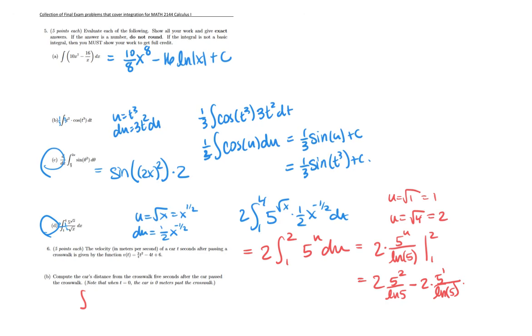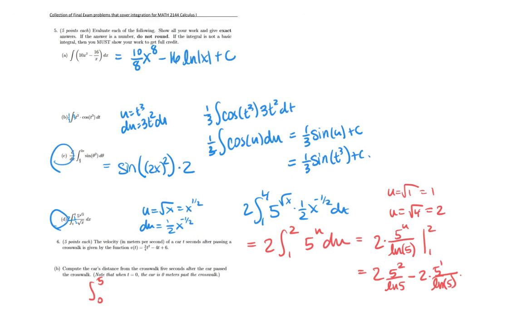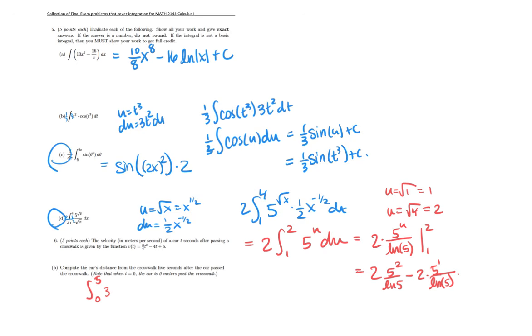So I'm going to integrate from 0 to 5 of 3/4 t squared minus 4t plus 6 dt.